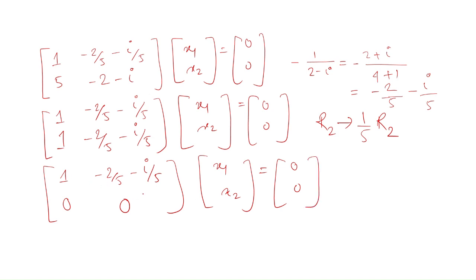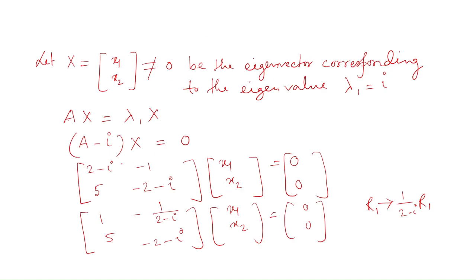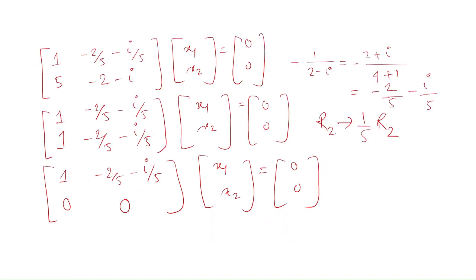Now the rank of this matrix is 1, which is less than the number of rows. Therefore this equation will have a linear independent solution.